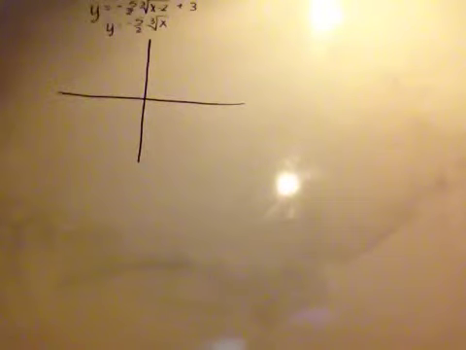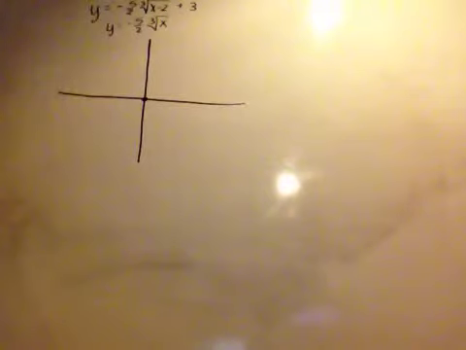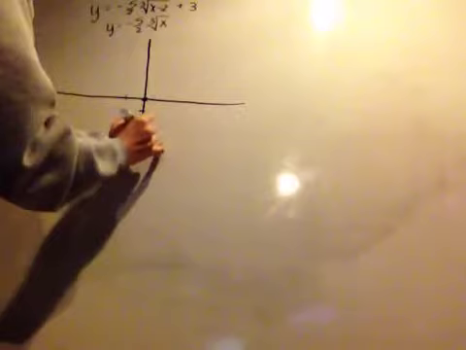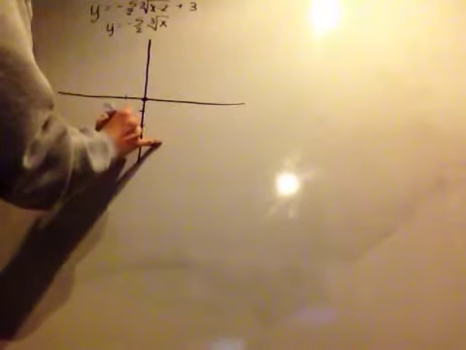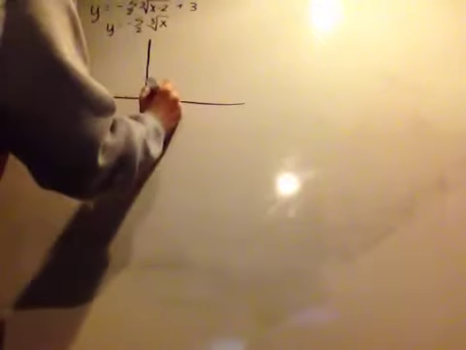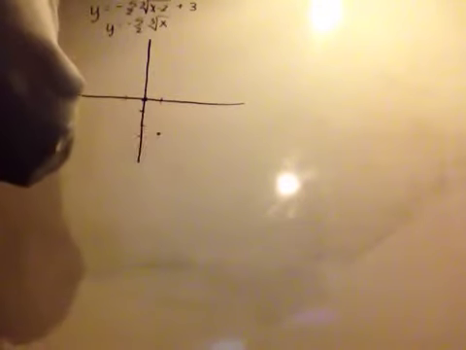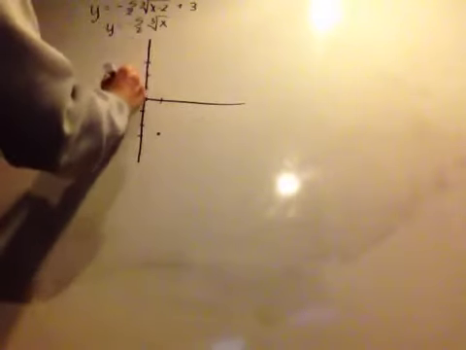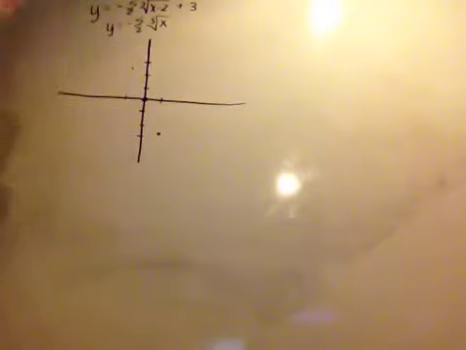So at 0, we're at 0. At 1, we're at -2.5. At -1, we're at +2.5. Right now it looks like our graph is a line, which is why we need more points. So I'm going to pick something else I can take the cube root of, like 8.